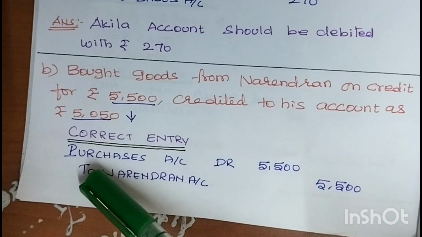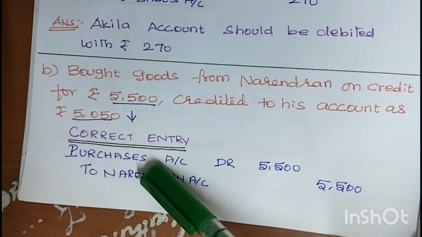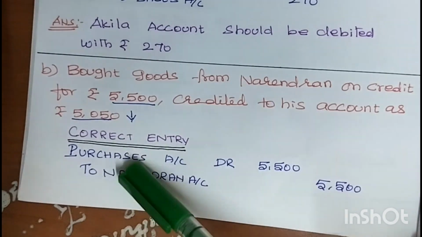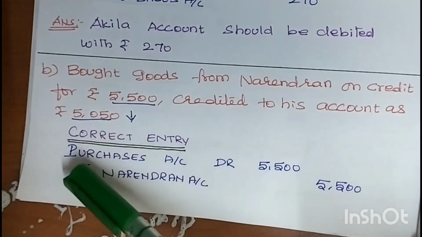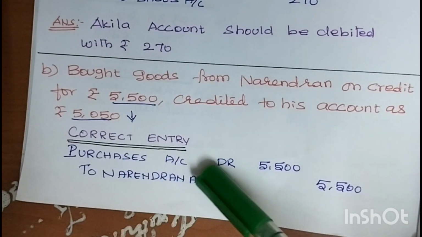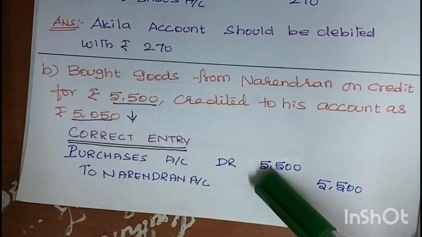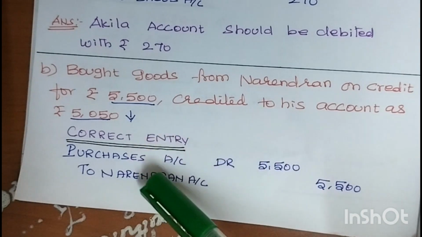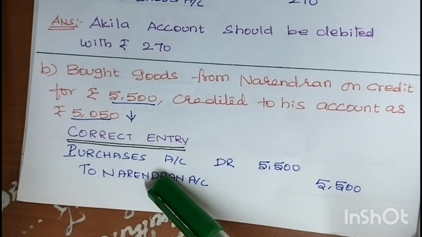Whenever you purchased goods, purchases is the expense. All the expenses are to be debited. So we debit the purchases account. Purchases account debtor how much rupees? 5500 rupees. From whom you purchased goods? Who is the giver?